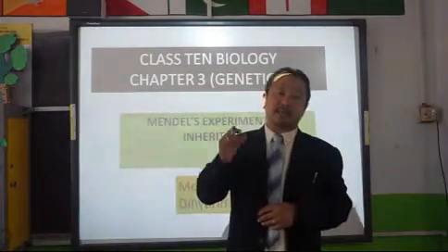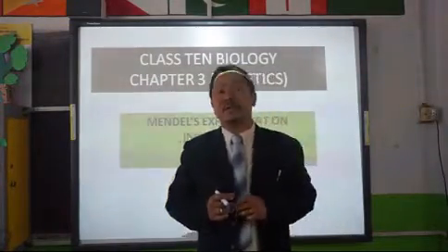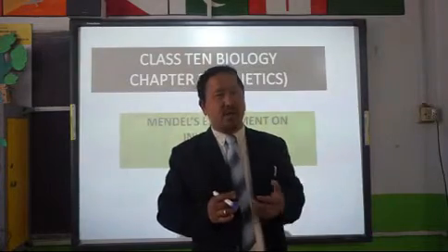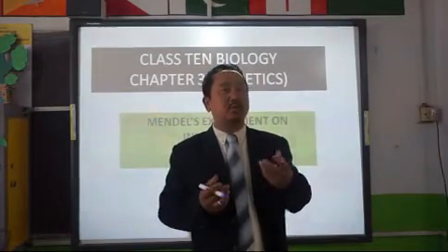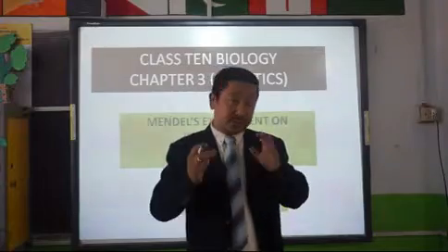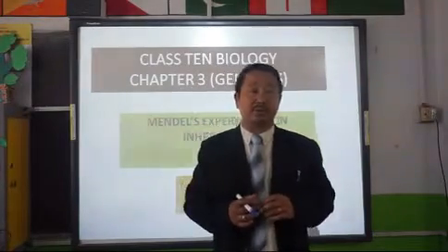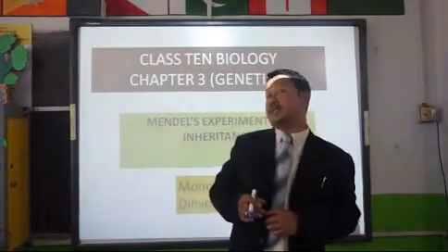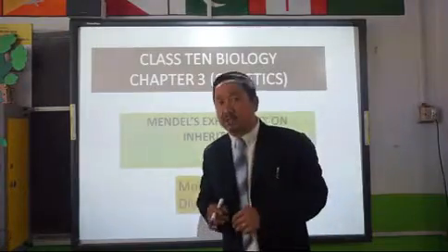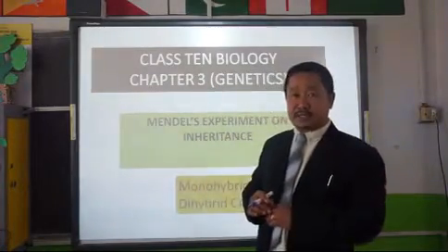He did his experiment on the pea plant for many reasons. I don't need to tell you all of them because that's not in the syllabus, so we'll go directly to Mendel's experiments.